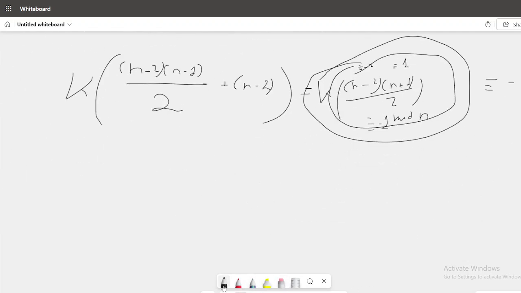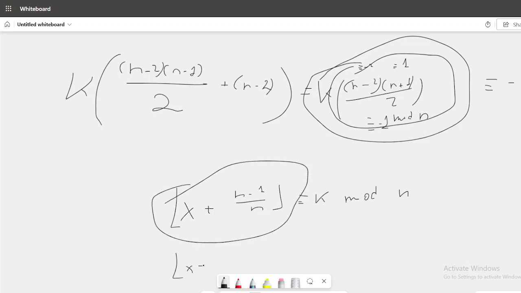So the floor of x plus n minus 1 plus n minus 1 over n needs to be congruent to k mod n for this to work. But if we pick n really large, it will surpass k, so this just means that the floor of x plus n minus 1 over n needs to be equal to k.